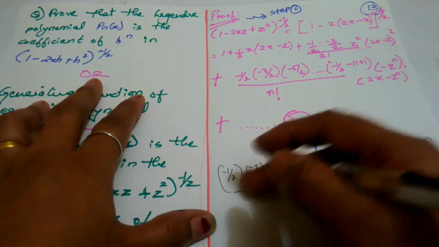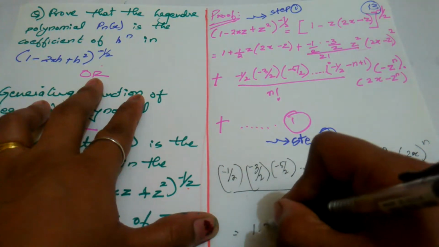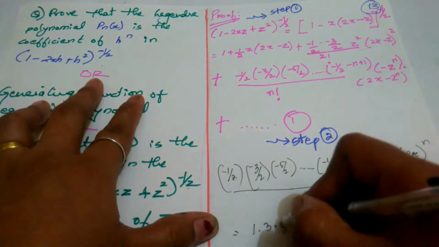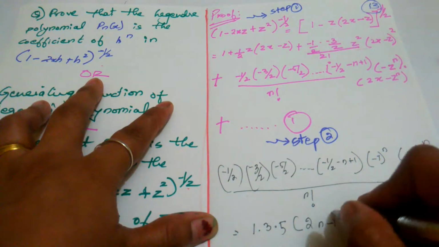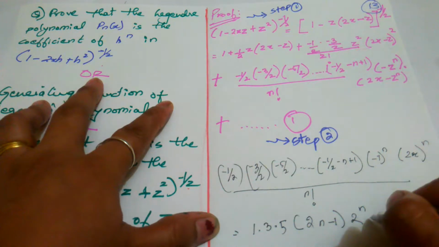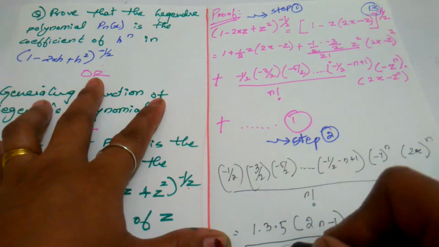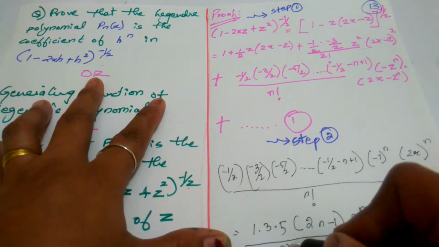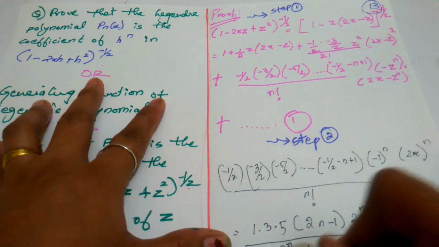Else I can write all these terms as 1.3.5 up to 2n minus 1, 2 raised to n x raised to n, divided by 2 raised to n into n factorial.